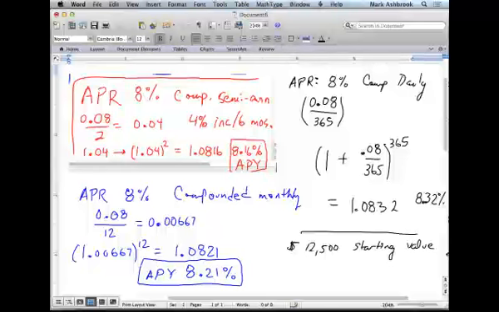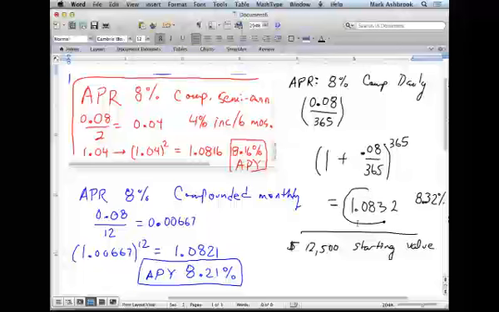What do I do? Tell me. You multiply that by 1 plus the daily amount, so 12,500 times 1.0832. Yeah, so if this is the annual growth factor, what kind of number is it?